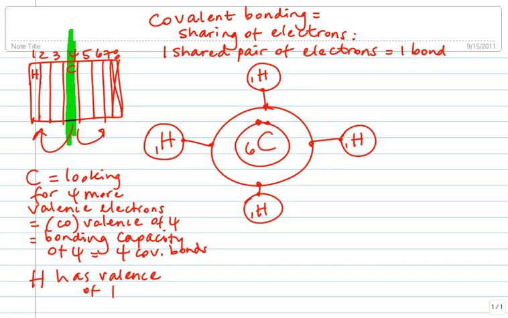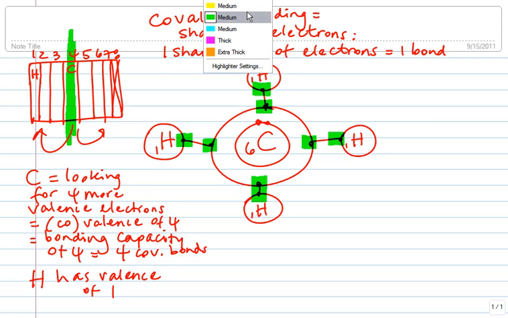And what that does is it gives the carbon access in its outer shell to the magic number of 1, 2, 3, 4, 5, 6, 7, 8 electrons. So its outer shell is a double whammy. It's full, and it's also reached the magic number of 8.